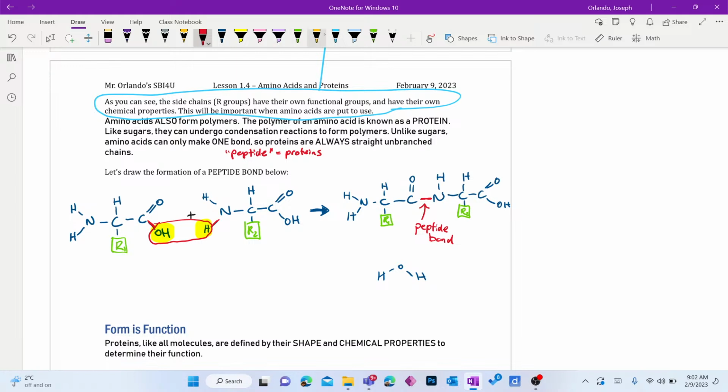Would a couple labels here be helpful? Call this amino acid 1. We'll call this amino acid 2. We'll call this the reaction site.